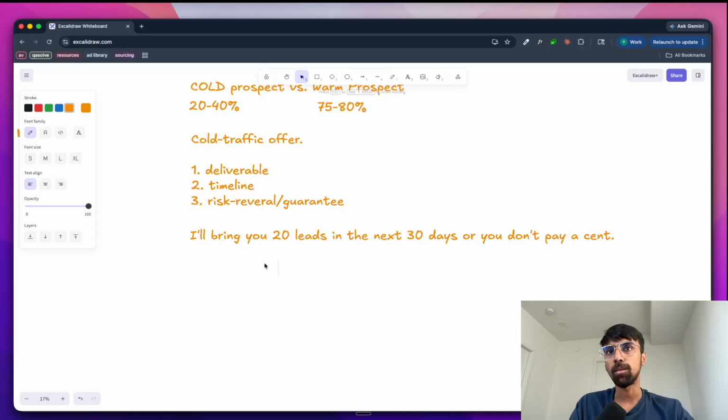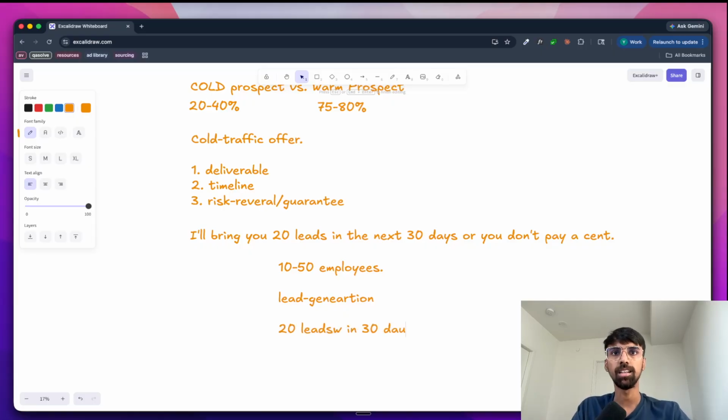If your list is composed of, for example, companies with a headcount of, let's say, 10 to 50 employees, and you're reaching out to them about lead generation, and you're offering them 20 leads in 30 days, and most of these companies are around, let's say, 500K in revenue, then it sounds good, right?